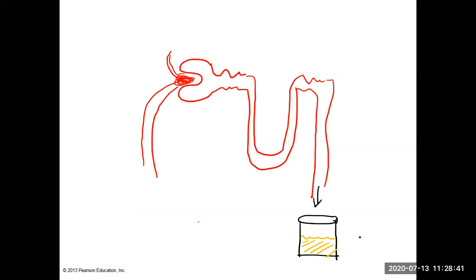For example, the presence of RBCs. The presence of red blood cells in here is not a good thing. However, I'll tell you a few reasons for it. Remember, in an earlier discussion, we mentioned that in the afferent arteriole you have different types of blood cells, like white blood cells, red blood cells, and platelets.